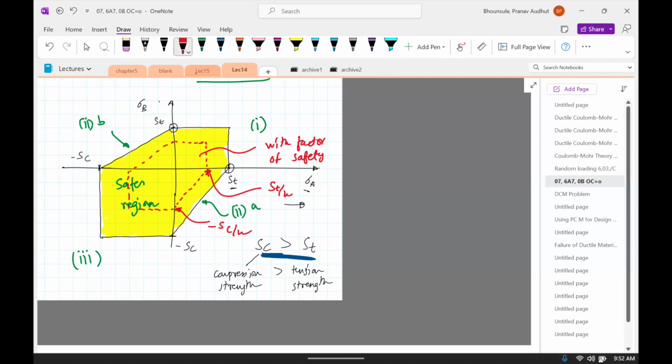So now all you're saying is that if the design is to be safe, it should be in the smaller, I guess, hexagon. As long as your design is within the smaller hexagon, that is, the stress is within the smaller hexagon, it's considered safe.